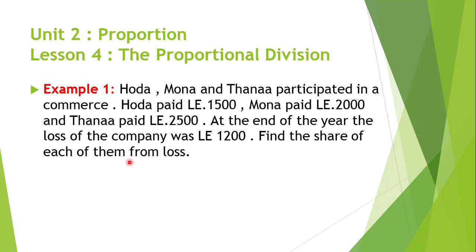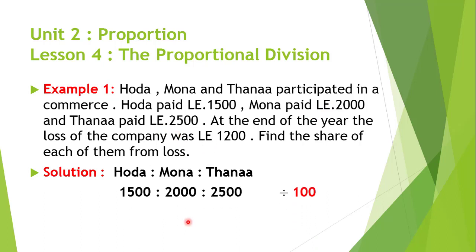Okay, by the same way as a ratio among the 3 numbers, we will put the information in order as a table. Huda, Mona and Sana. We said Huda paid 1,500 and Mona 2,000 and Sana 2,500. Then I want to simplify this ratio among the 3 numbers.